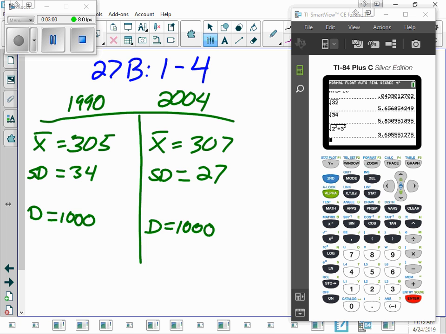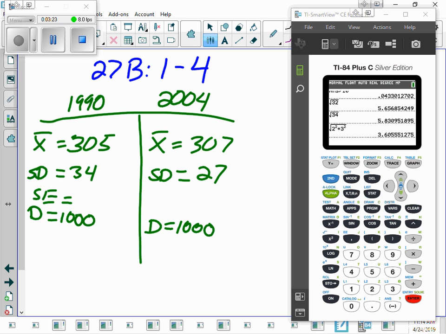Okay, so we need an SE, which is going to be 34 divided by the square root of 1,000.